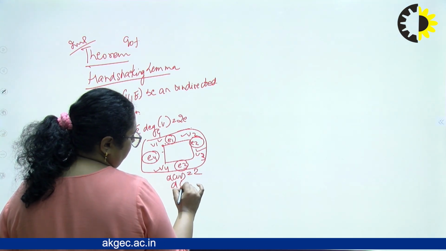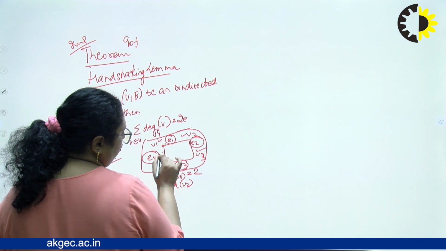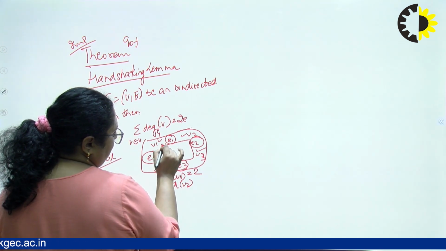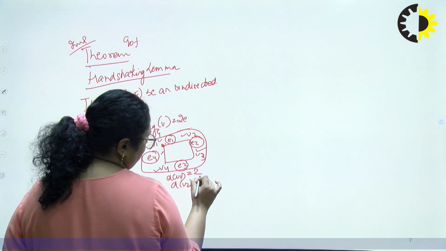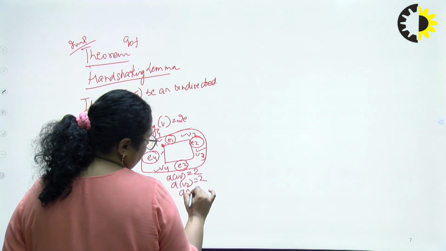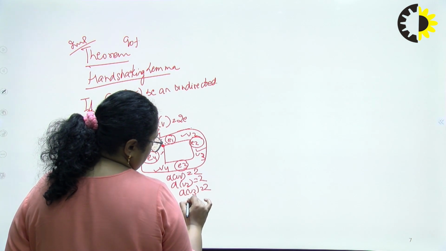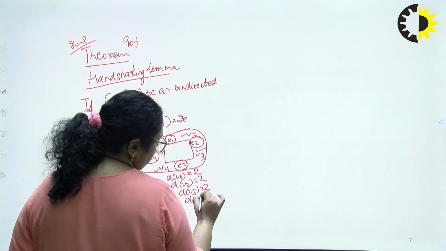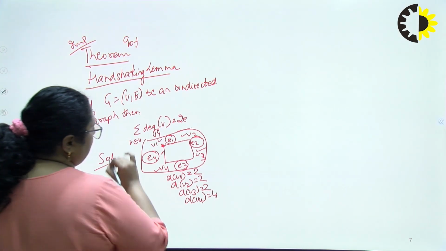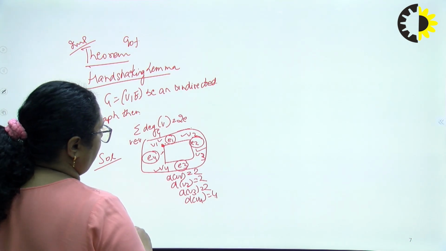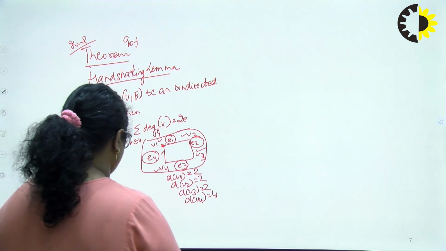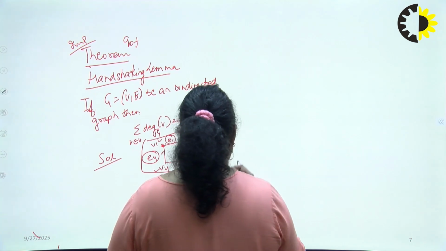Again for V2, same as V3 and same as V4. So we can say the sum of degrees of a graph is equal to twice the number of edges.